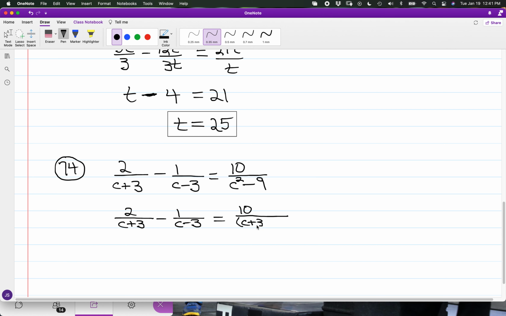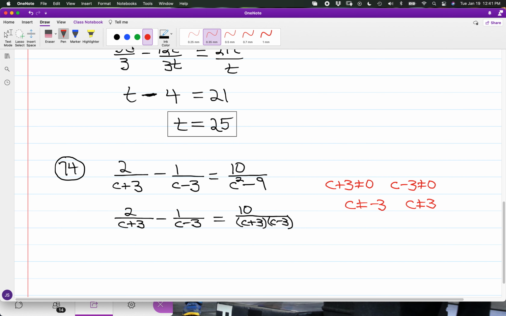So with our denominator factors, we have that c plus 3 and c minus 3 cannot be 0. So we have our restrictions that c cannot be negative 3 and c cannot be equal to 3 either.